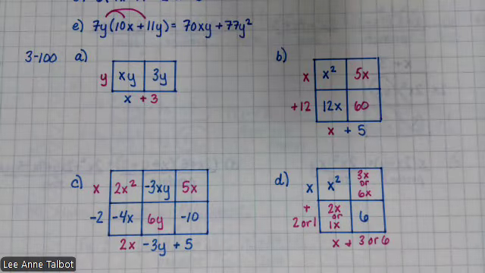Again, D has two possible answers because you could do 3 times 2 or 1 times 6. Whichever one you like better, 3 times 2 or 1 times 6. Probably most people did 3 times 2. I'm thinking. You did 1 times 6?